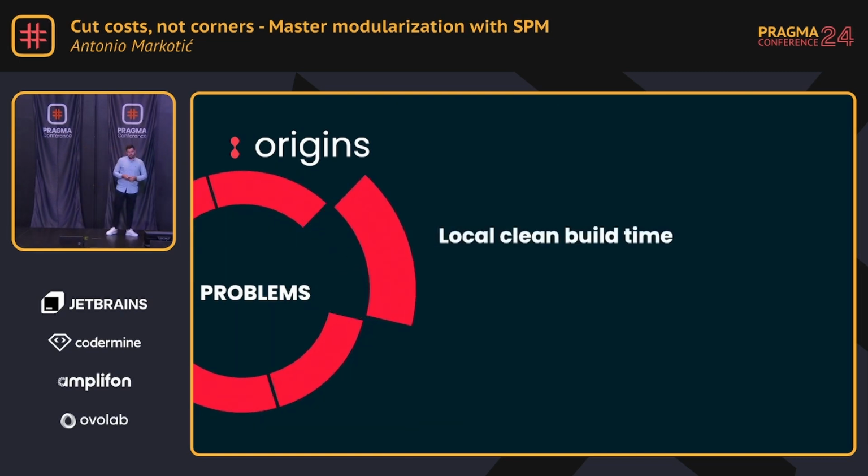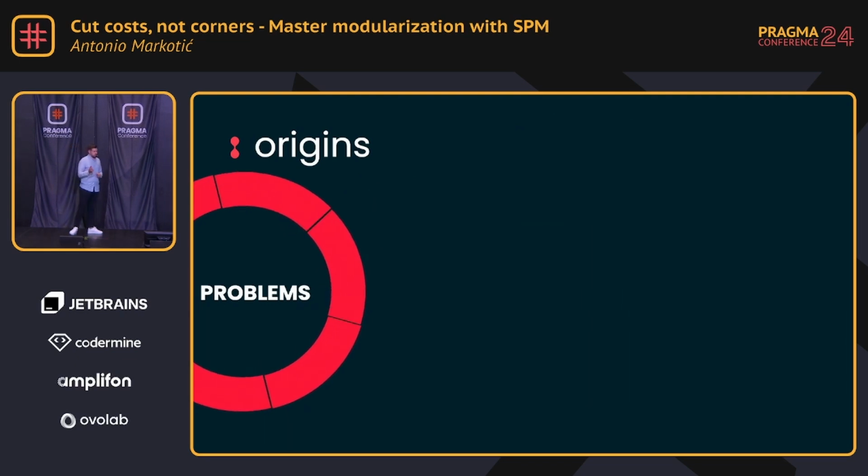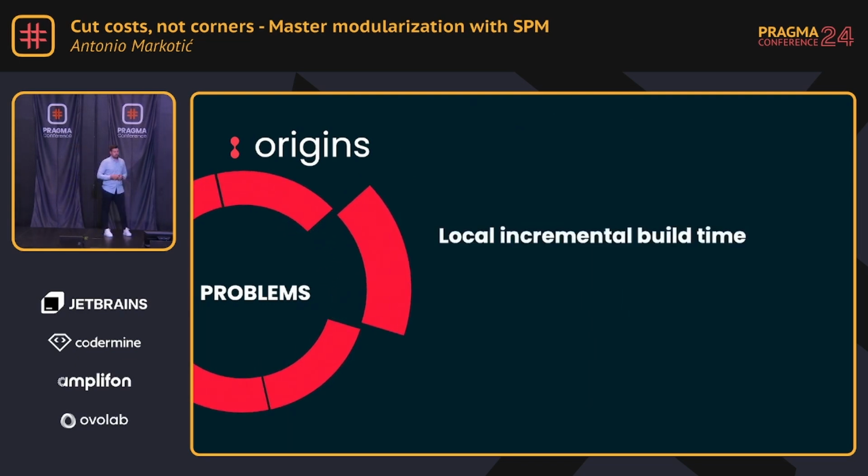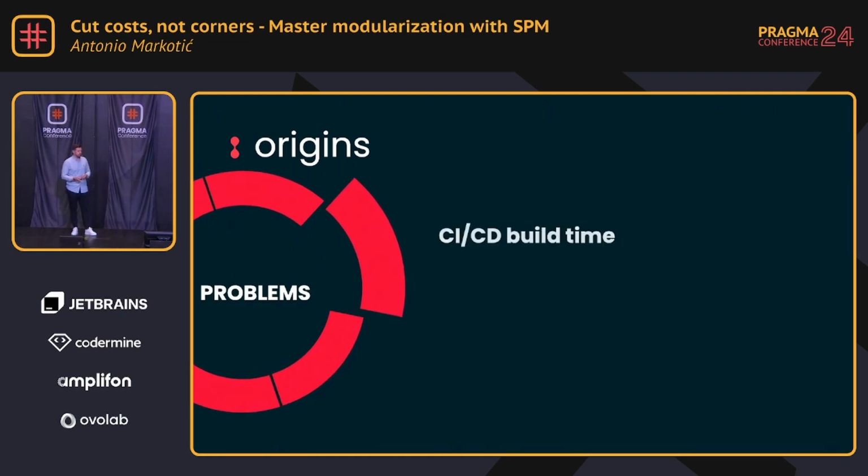Another problem that we've encountered is that our local clean build time grew, which is normal for a project that is also growing. But these were numbers that shouldn't accompany the size of the project that we had. Not only the clean build time, but also the incremental build time. And naturally, what follows those two are the CI/CD build times, which also grew.